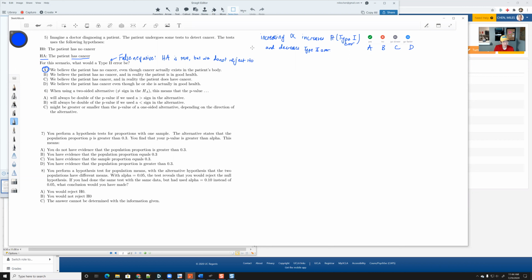When we use a two-sided alternative, meaning we've got a not equal sign in the alternative hypothesis, the p-value will always be double if we use a greater than sign, will always be double if we use a less than sign, or it might be greater or smaller than the p-value of a one-sided alternative depending on the direction of the alternative.